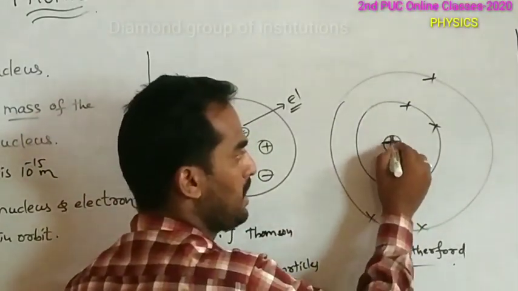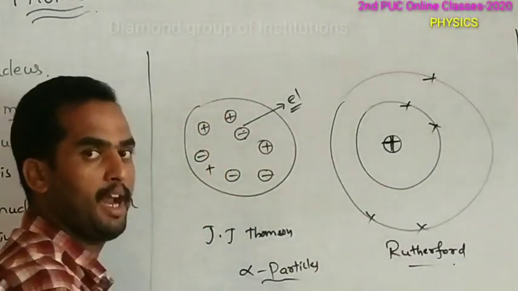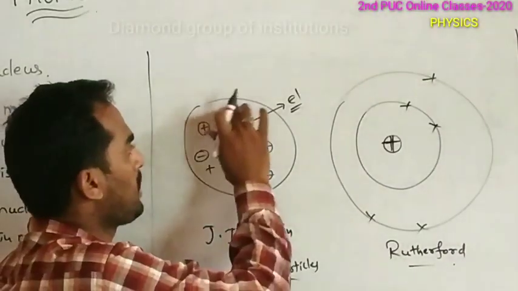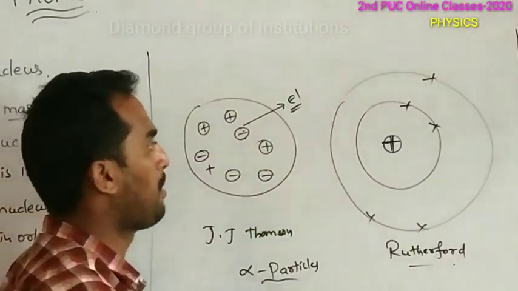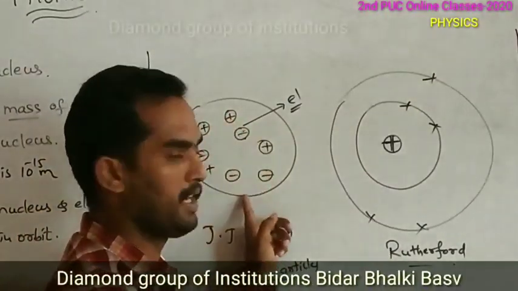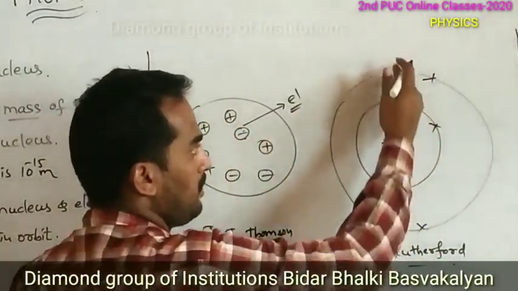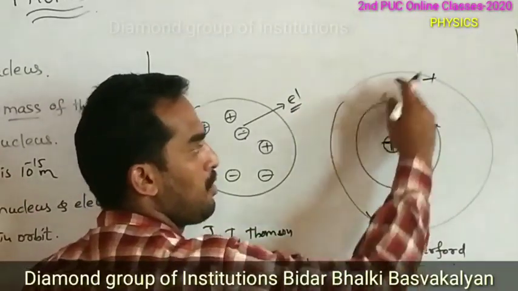This plus indicates the complete positive charge of the atom, not distributed in the earlier manner. You see in the diagram, there is no positive charge outside here.